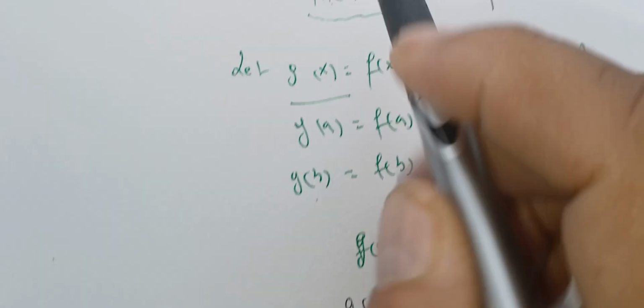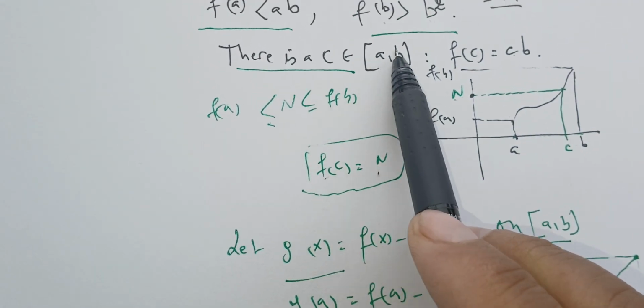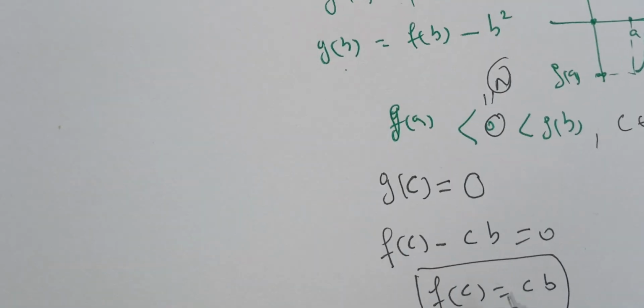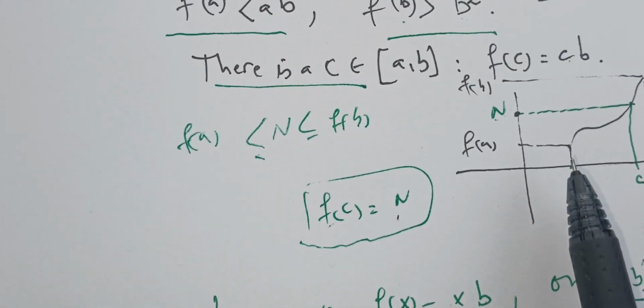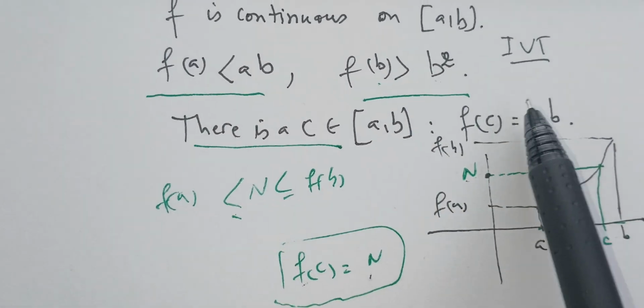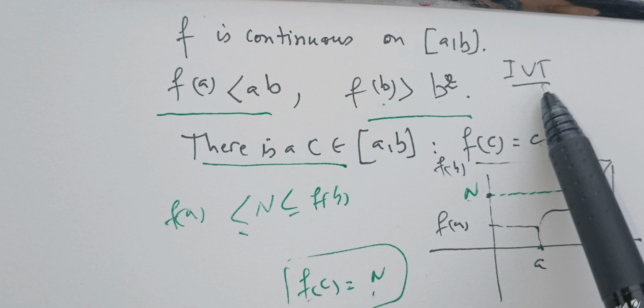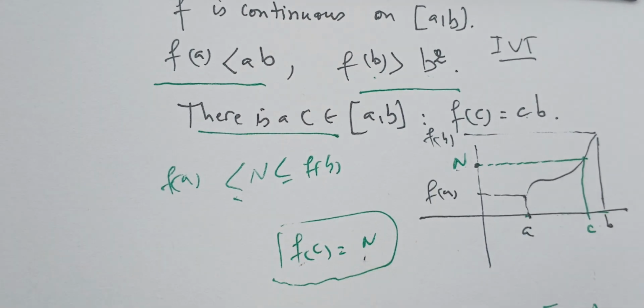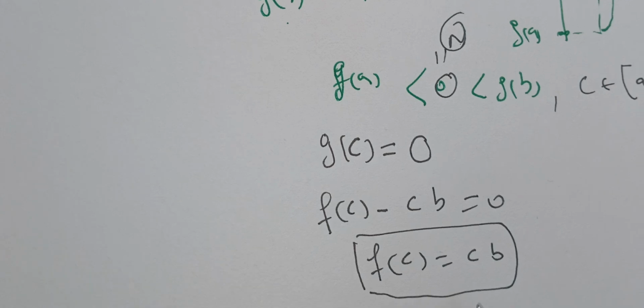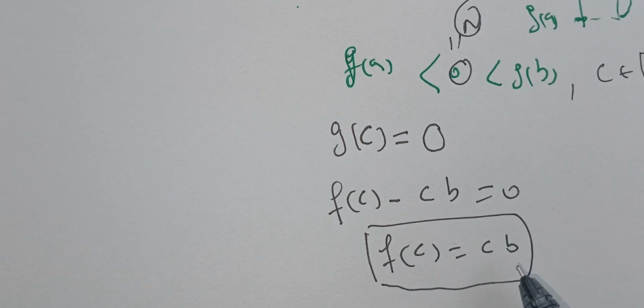So therefore we found c in [a, b] such that f(c) is cb. So the proof is based on constructing another function and using these conditions here, and seeing that n in this case is 0. And therefore we have proved the result that we need.